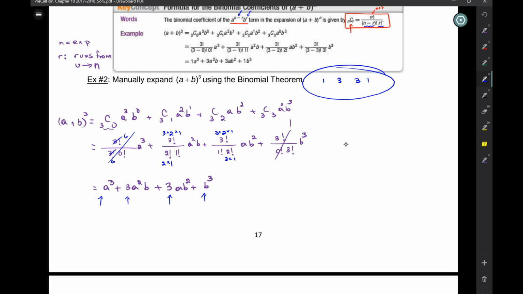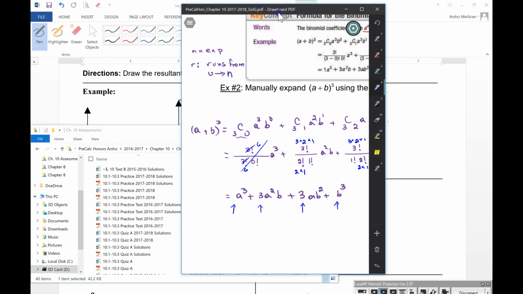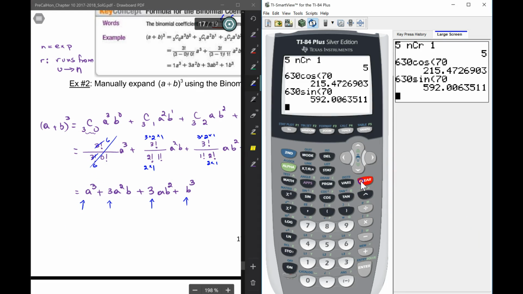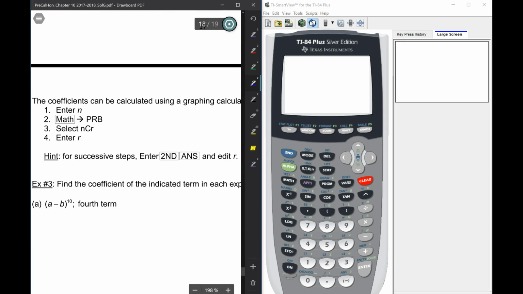Okay, so everybody's favorite phrase, you can do this with a calculator. I guess it's more of a sentence than a phrase. All right? So, using a calculator, suppose I'm going to do C(3,1). You put in n, which is 3.